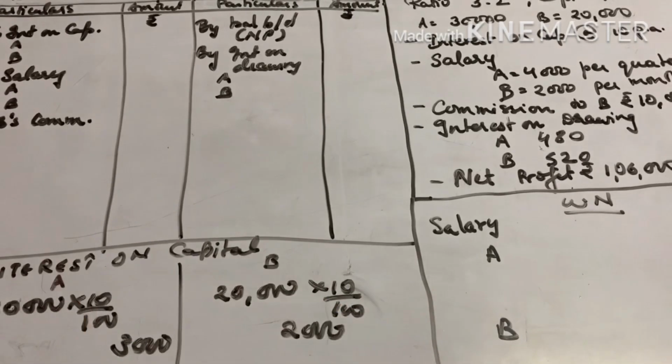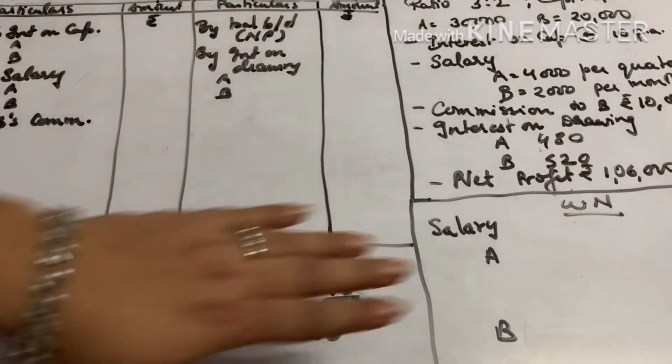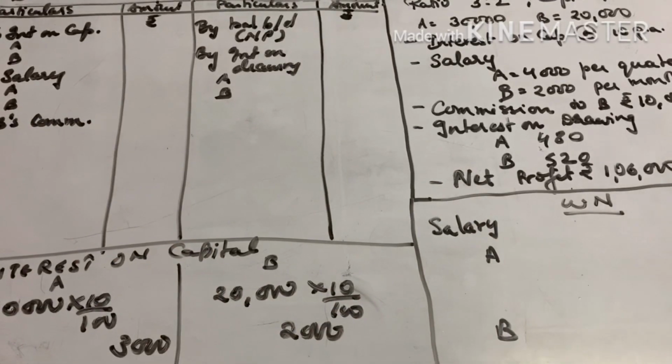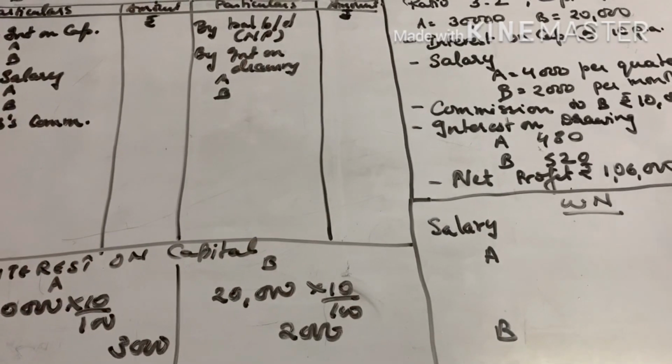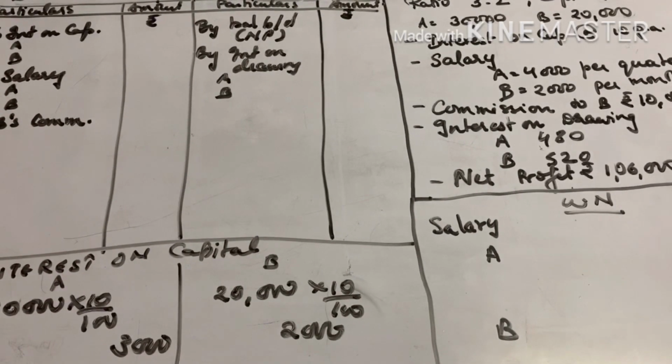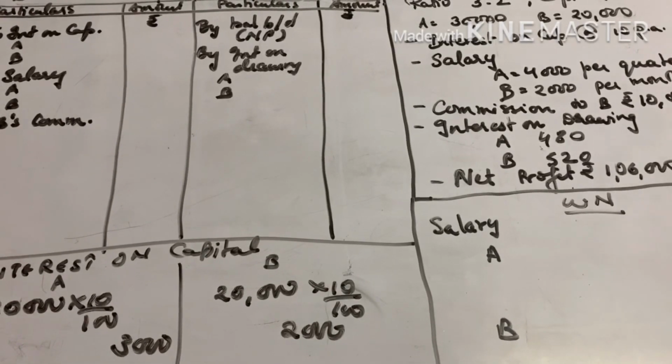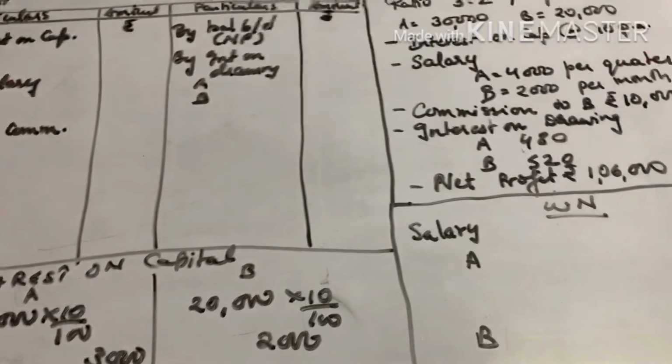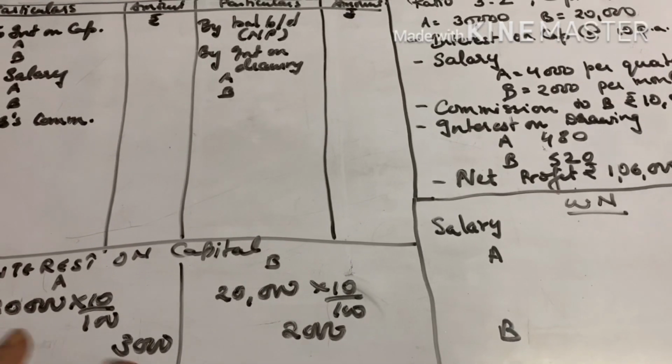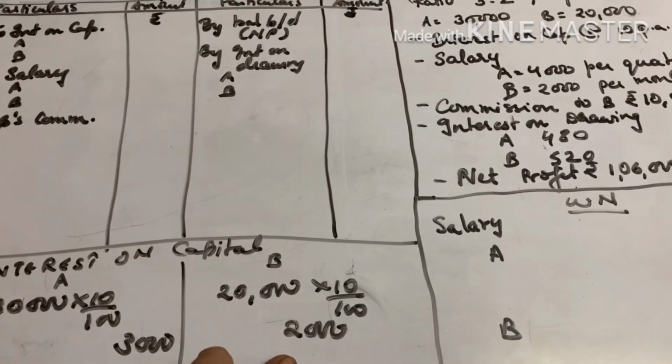Through my teaching experience I can tell you that working notes are very important. If you make the working notes properly, you will never go wrong and you will get full marks. Even if the teacher is planning to cut half a mark from your question, he or she will give you full marks. So first of all, we'll take out interest on capital.